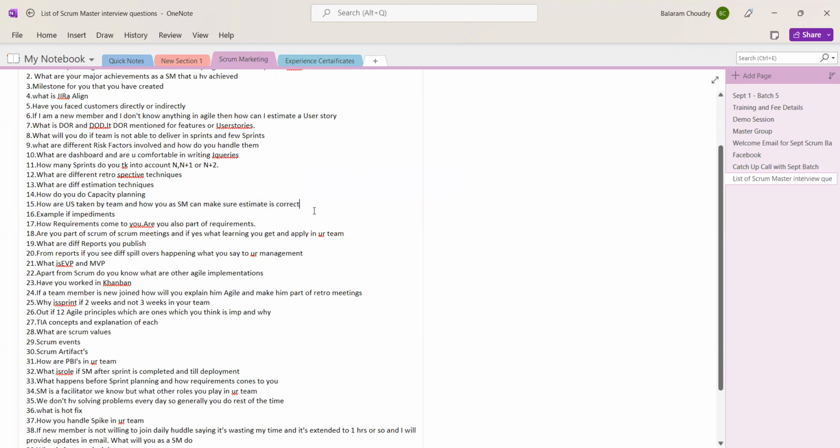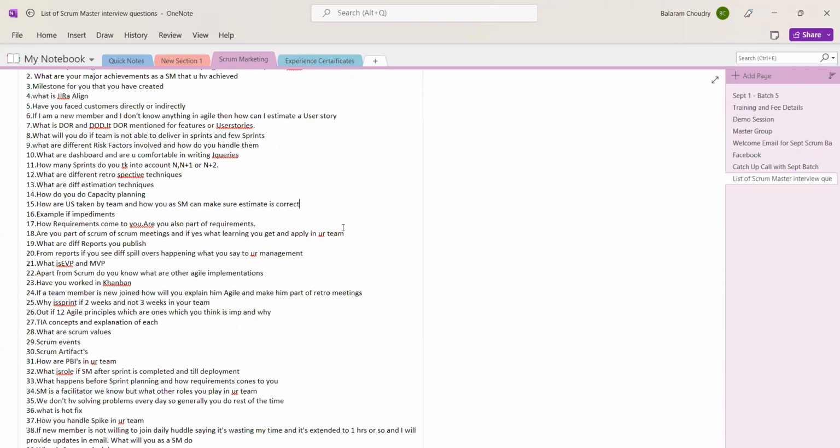And how can you make sure the estimates are correct? Sometimes you will not always be able to make sure that estimates are correct. However, we can have a baseline story. We all know about baseline story, right? Against that, we compare how difficult or how easy another story is. Initially you may not know whether the estimations are correct or not.